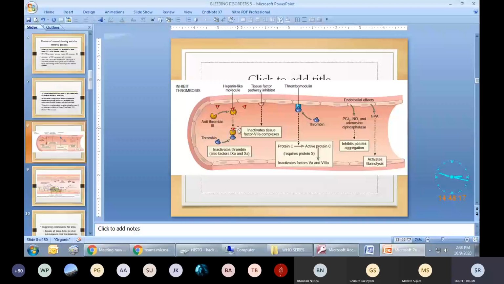One is the normal intact endothelium, so there will not be adhesion, aggregation and activation of the platelets, and prostacyclin and nitric oxide will all be there. There will be tissue plasminogen activator, heparin-like molecules, tissue factor pathway inhibitor, and thrombomodulin. So you should know all these things. Okay, thank you.